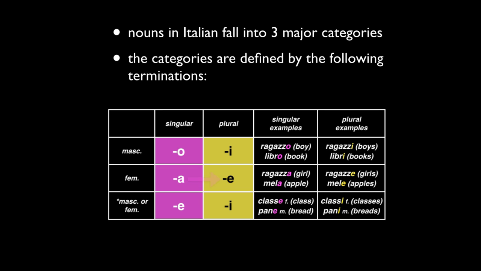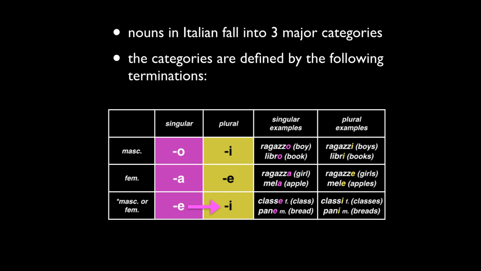And then for the last group of nouns, those that end in E in the singular, those, like the masculine above, end in I. Okay, so there could be a little bit of confusion there if you're trying to put the plural back and you have two words that end in I and you're wondering whether they go back to, is it ragazzi, does it turn into a ragazzo or ragazze?